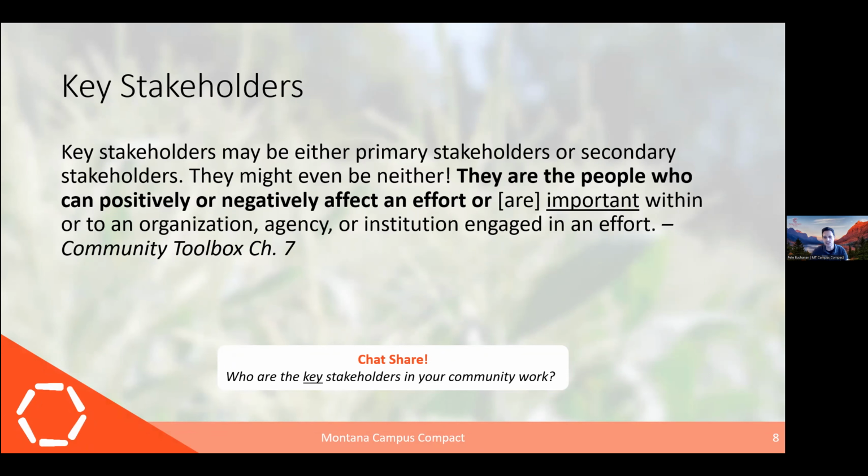Yeah, and it's a good point to see in the chat, not everybody is working on campuses, and we'll get to that. The reason I allude to it is the work that we do at Montana Campus Compact. That's the primary driver. And ultimately, because we work with students on campuses so much, campuses are not isolated entities in their communities.